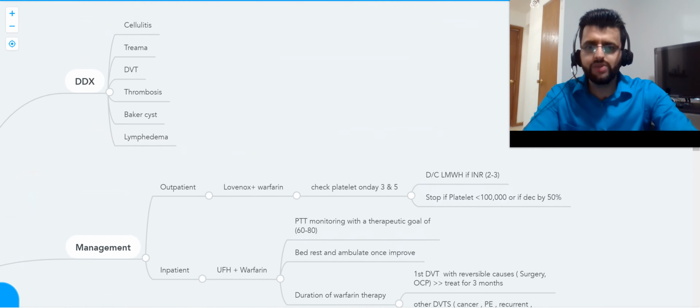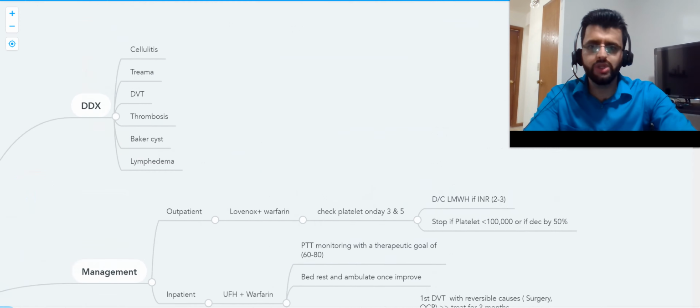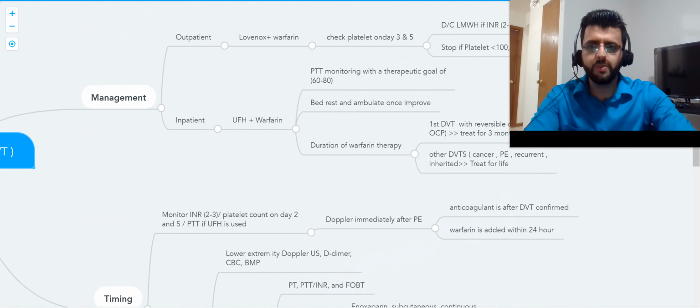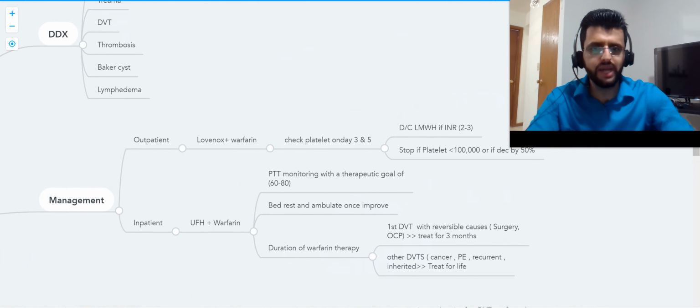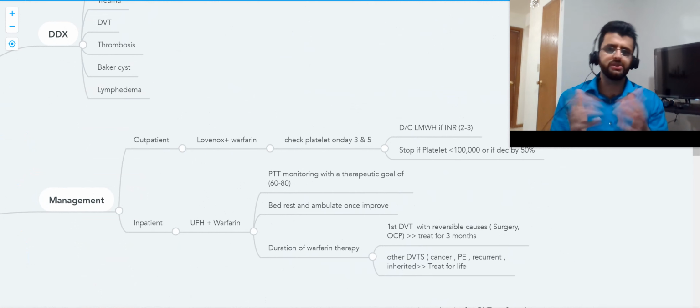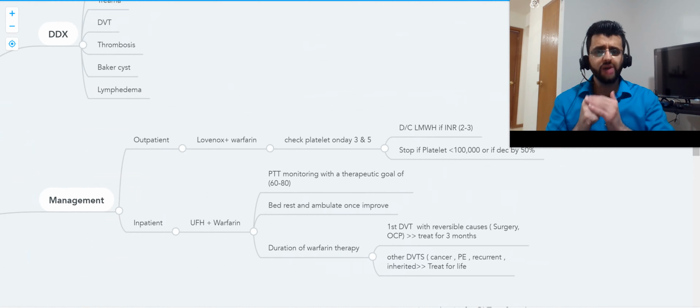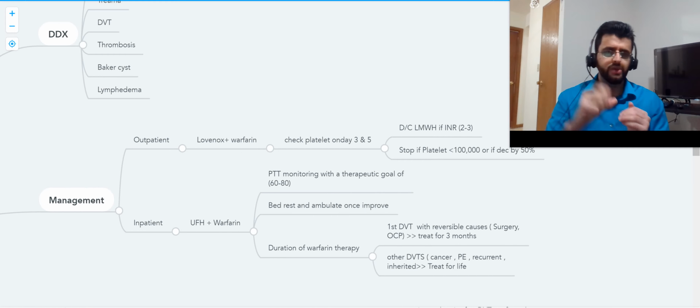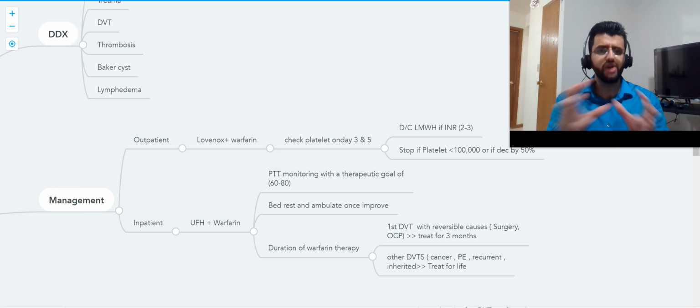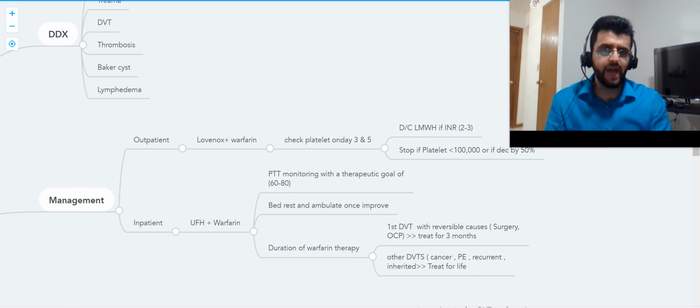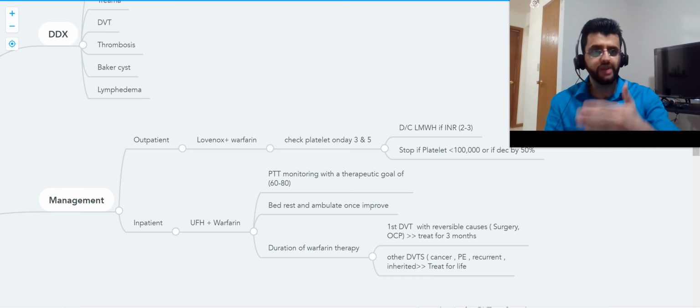Now let's see if the case changes. What do we do? Outpatient management is slightly different from inpatient management. For outpatient management, you give Lovenox plus warfarin, and then you check platelets on day 3 and day 5.